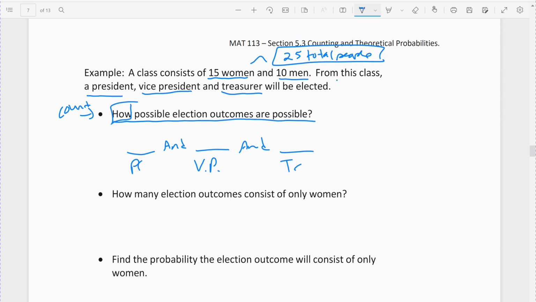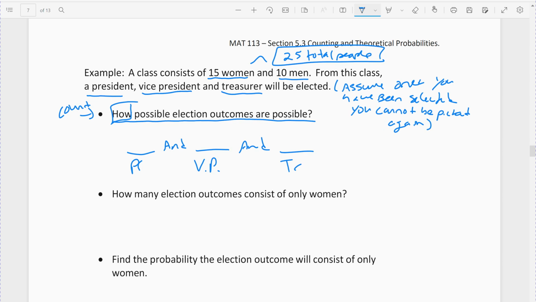With these problems you want to make the assumption that once you've been selected, like if you're picked for president, you can't be picked again, which is the way most elections are. So we're going to have a different president, a different vice president, and a different treasurer.